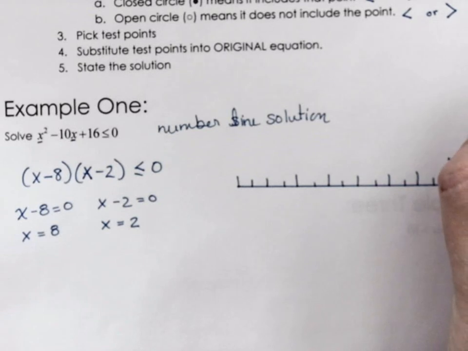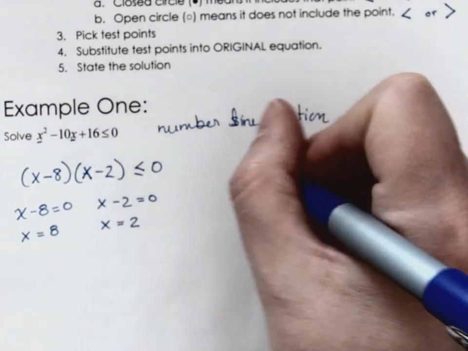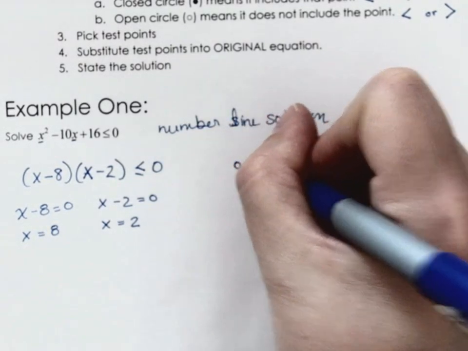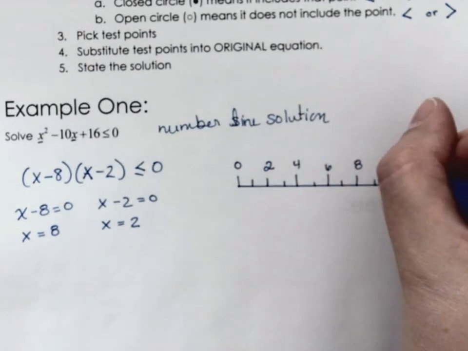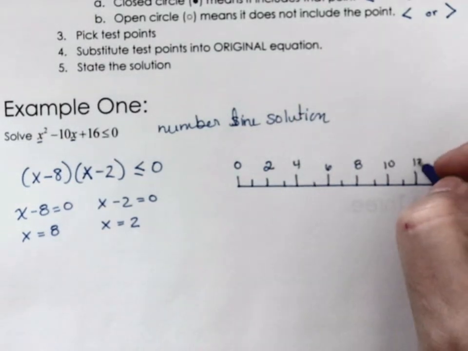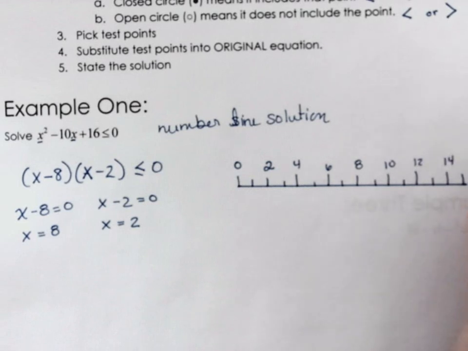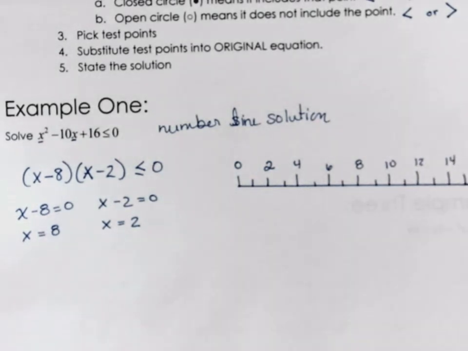So if I'm going to say that's 0, that's 2, 4, 6, 8, 10. I guess I can keep going, 12, 14. Okay, you get the idea. It's like the increments on a graph. You don't have to list them all. That's not required, but you do have to list some.